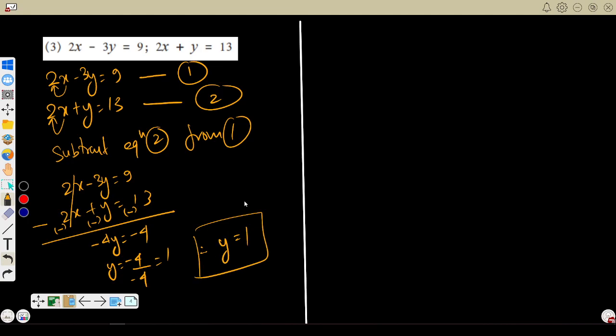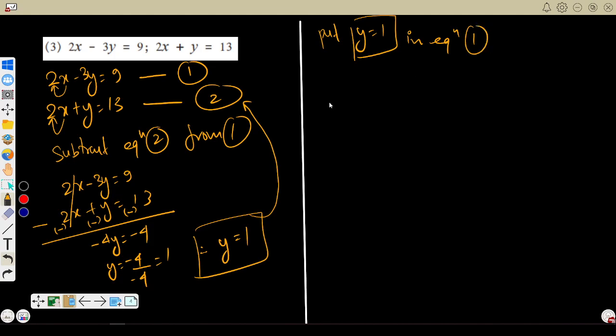Again, to find the value of x, what we will do is we will put y is equal to 1 in any one of these equations. So I consider put y is equal to 1 in equation 1. What is equation 1? 2x minus 3y is equal to 9. I replace y with 1.